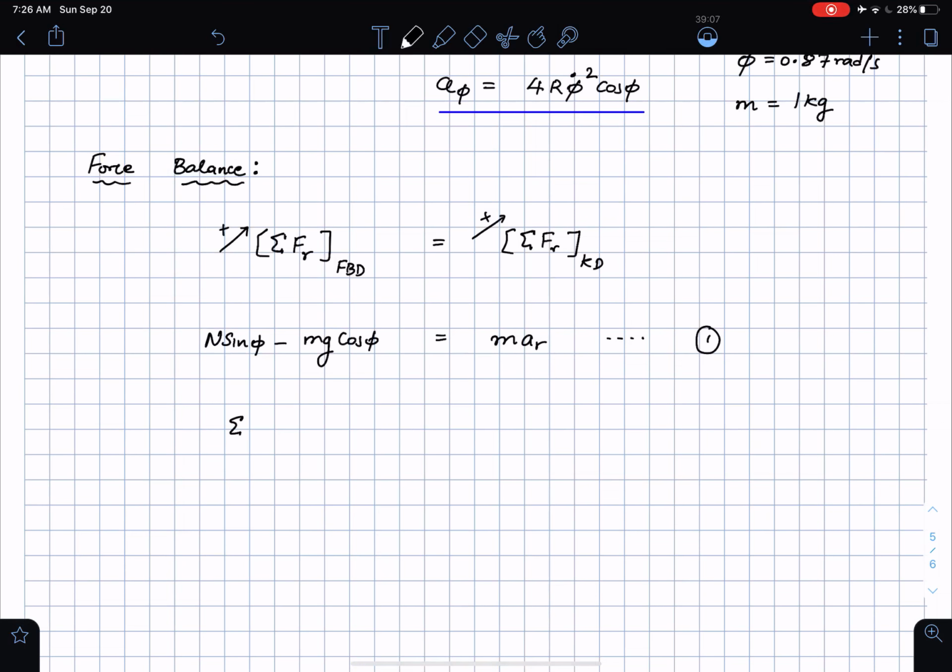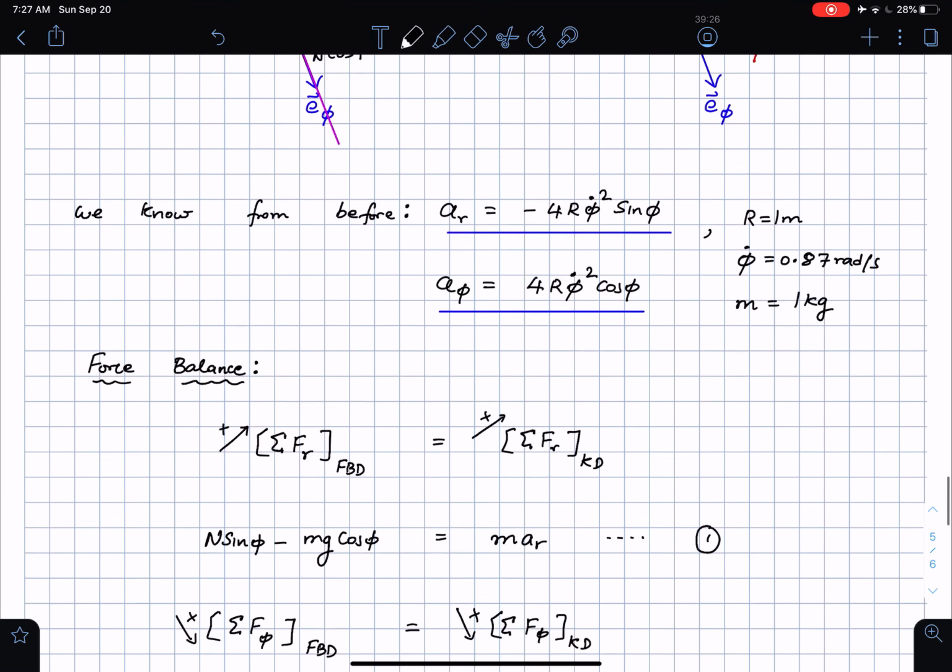Likewise, I'm going to have the sum of forces in the transverse direction on the free body diagram. This is equal to the sum of all the forces in the transverse direction on the kinetic diagram. This is my positive transverse direction. What are the forces? Look at this here.